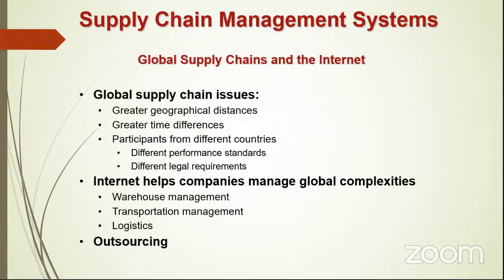So supply chains can be global, which leads to some issues. So you have to now think about geographical distances, time differences, people from different countries, which include performance standards that are different, legal requirements which are different.